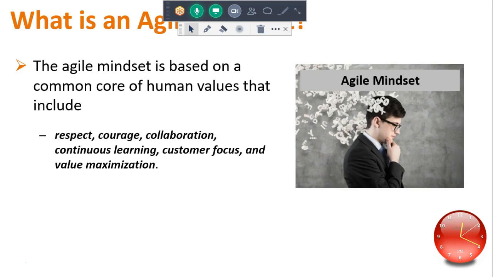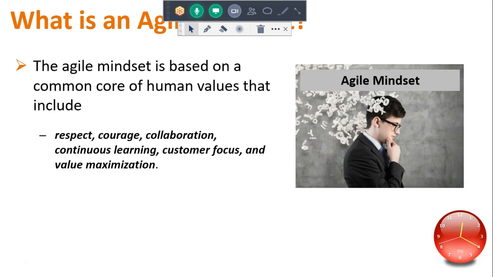Customer focus. Again, back to the goal is to deliver value to our customers, whether those customers are external people purchasing product or services from our organization, or whether they're internal people who have to do a job. As an organization, and certainly as a software development, an IT organization, your goal may be to deliver the best possible tools to help your business people to do their jobs.